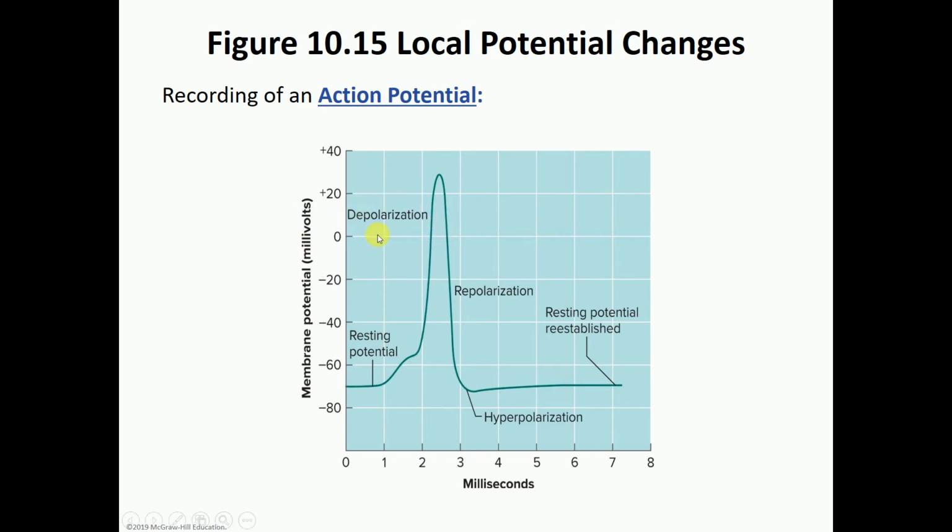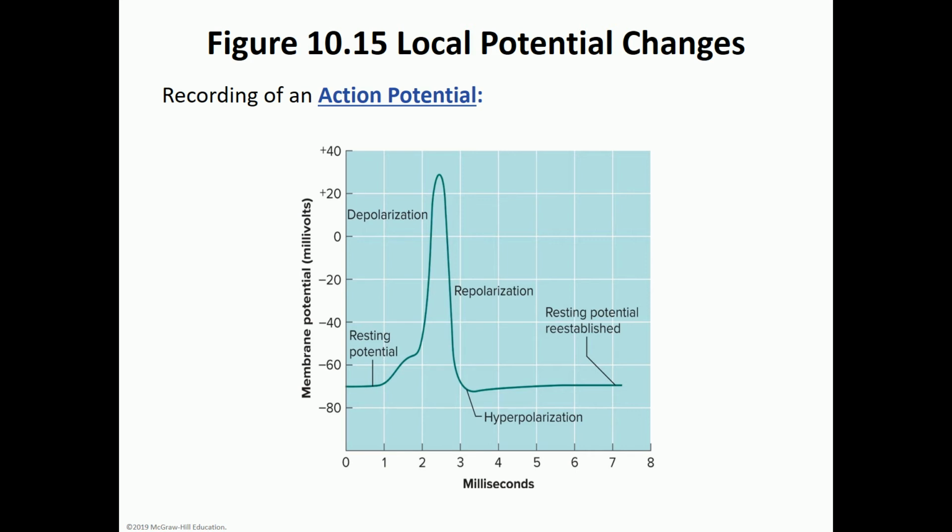So in depolarization, we opened up sodium channels. The voltage now goes into the positive territory, so we can reach up to positive 30 or positive 35. We'll stick to what's in your textbook of positive 30. And then at that point, at positive 30, the sodium channels are deactivated, and we open up a third kind of channels, and those are your potassium channels.